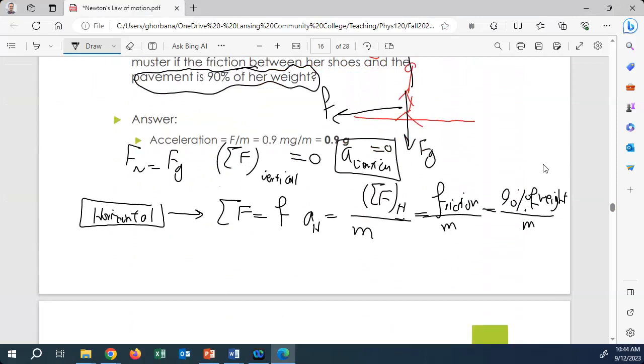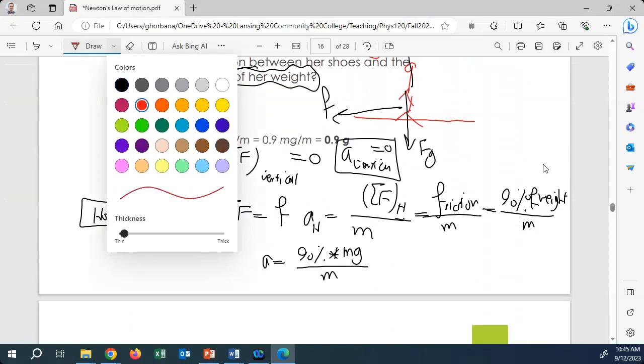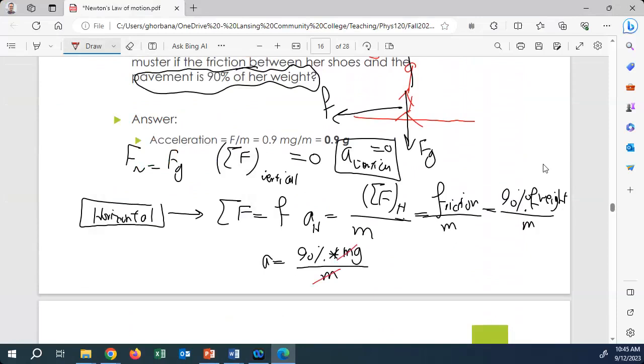What is the weight formula? 90% of the weight is mg, divided by mass. Let me change the color. Mass and mass cancel each other, so it's going to be 90% of g.